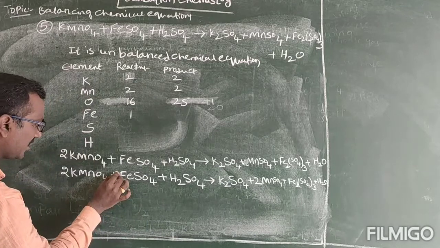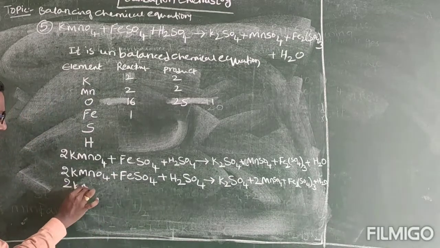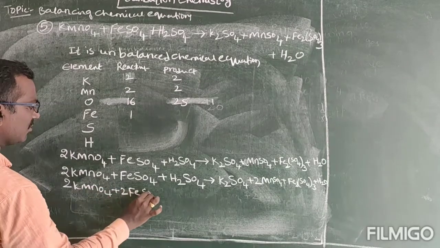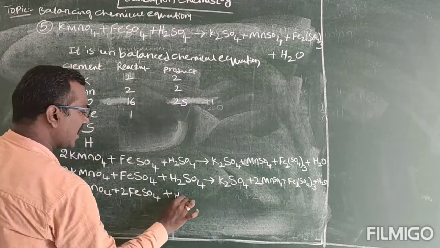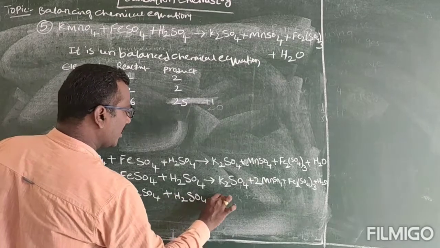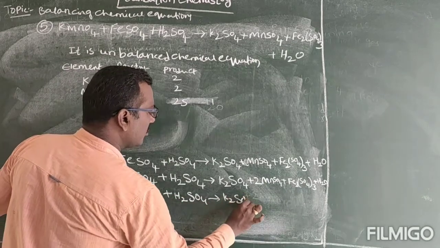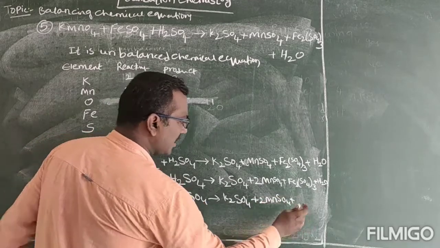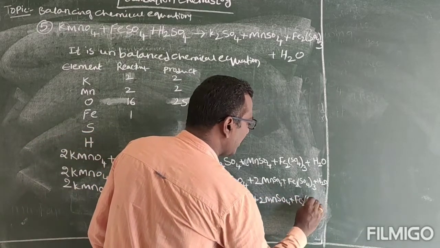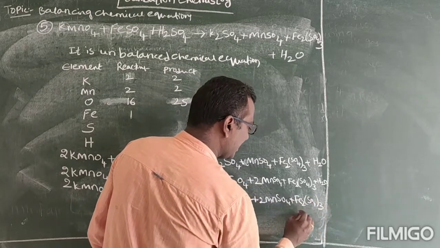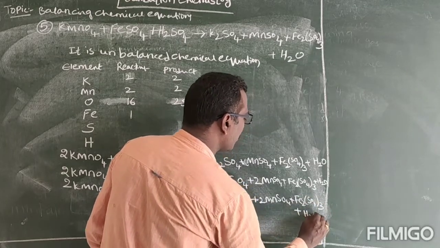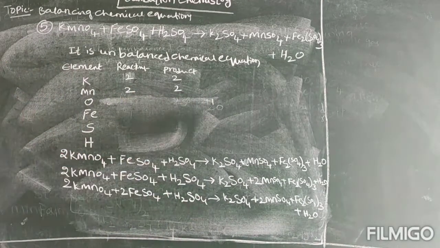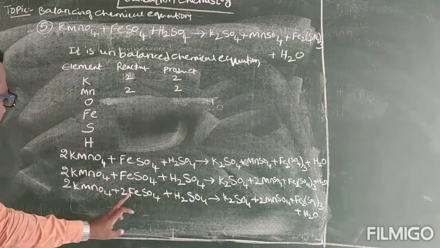So let us take it clearly: 2KMnO4 plus 2FeSO4 plus H2SO4 gives rise to K2SO4 plus 2MnSO4 plus Fe2(SO4)3 plus H2O. Now we will balance potassiums and that is clear.